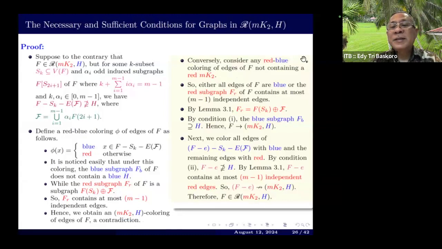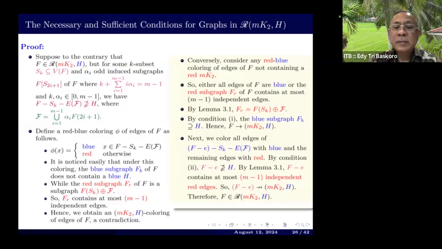Conversely, consider any red-blue coloring of edges of F not containing a red MK2. So, either all edges of F are blue, or a red subgraph of F contains at most M-1 independent edges.